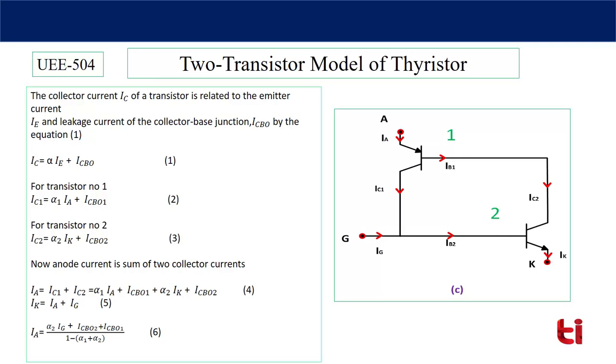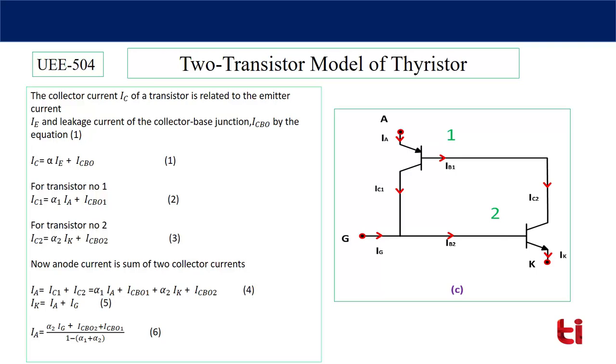We will get IA is equal to alpha 2 IG plus ICB02 plus ICB01 divided by 1 minus alpha 1 plus alpha 2. Now from this equation number 6, it is clear that if alpha 1 plus alpha 2 reaches close to 1, then the denominator becomes very low and the anode current will be very high.